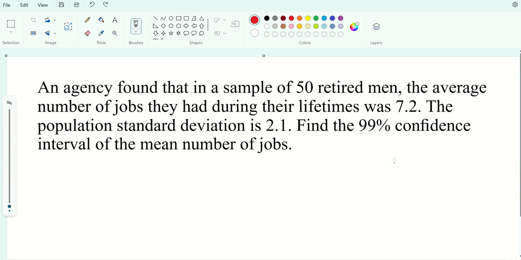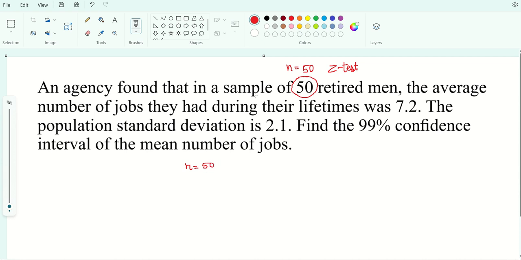An agency found that in a sample of 50 retired men, the total people are 50, so n is equal to 50. Because n is 50, we will use the Z test. Let us write the values: n is equal to 50.